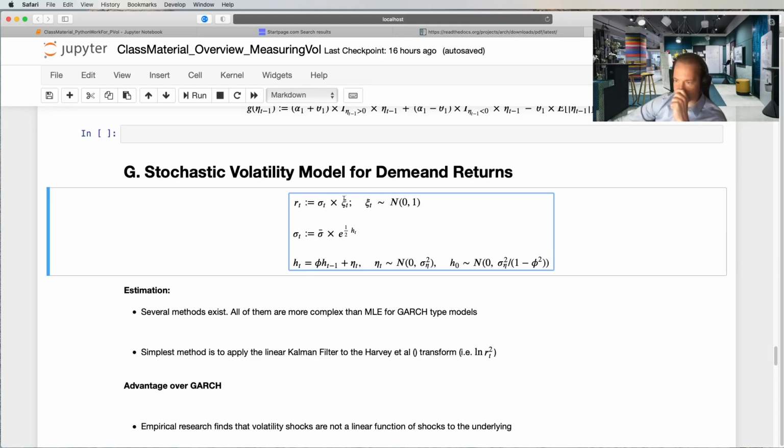And that stochastic volatility model, in the univariate form, just says we have a Gauss shock here, and then we have vol, and vol has a constant times the exponential of 1/2 times ht, and ht follows an AR1 process with a Gaussian shock.